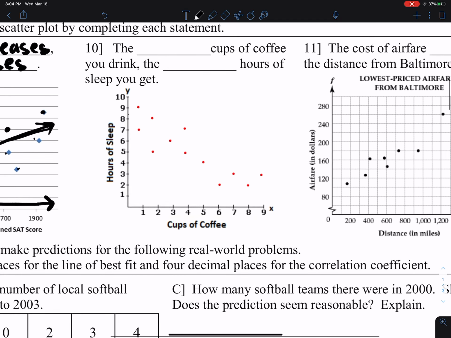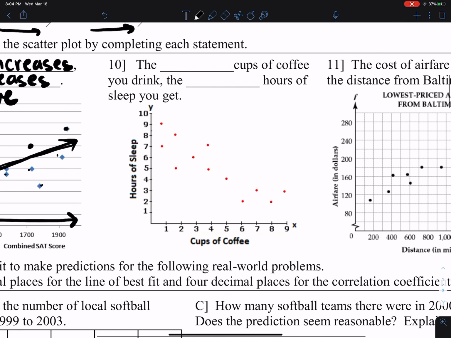The next one, the blank cups of coffee you drink, the blank hours of sleep you get. If you were to draw a trend line on here, would you say that it's positive, negative, or no correlation? If we look at these points, they have a negative slope. They're going down.